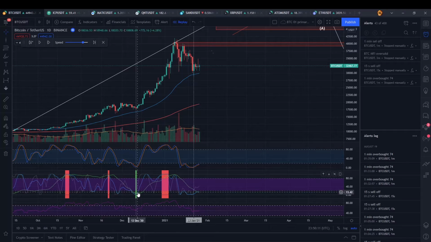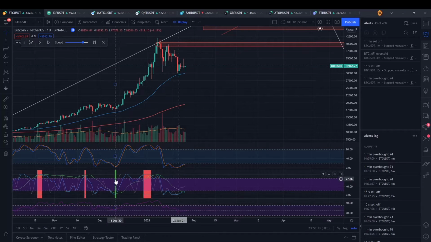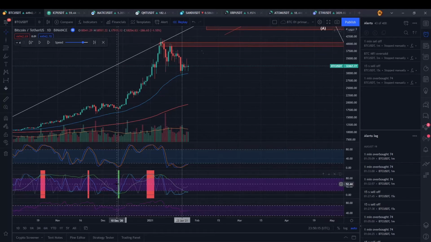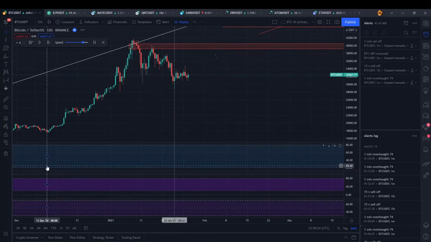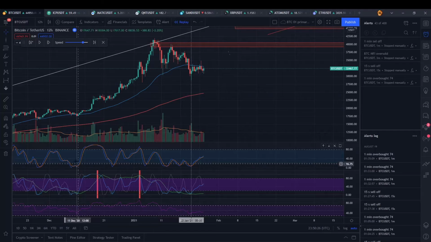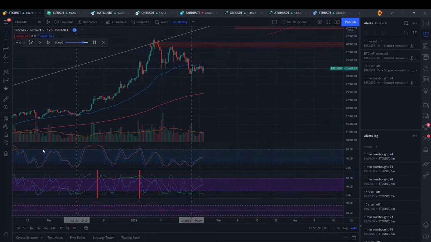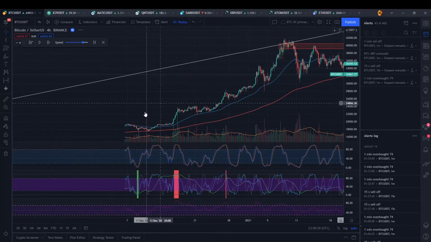So what happened here, how I read this, is we were oversold on several time frames here. So this means if you go to this vertical line here and you go to the 12-hour, you're going to see we're oversold on the normal stochastic, and then if you go to the 4-hour, maybe we're oversold as well.